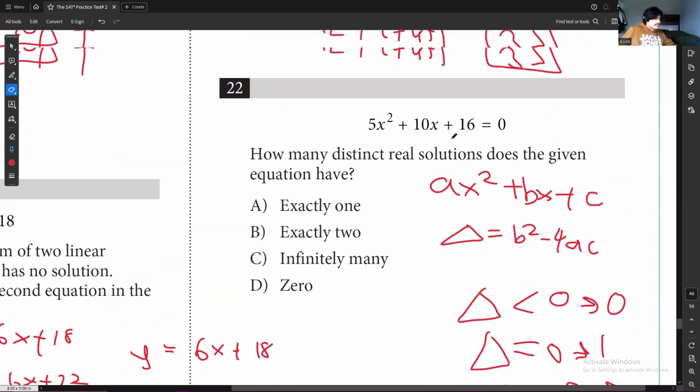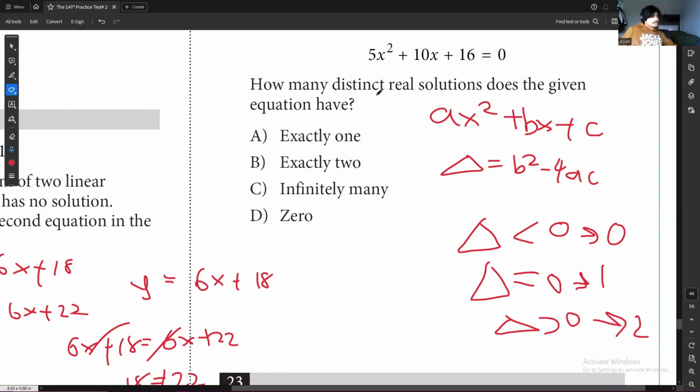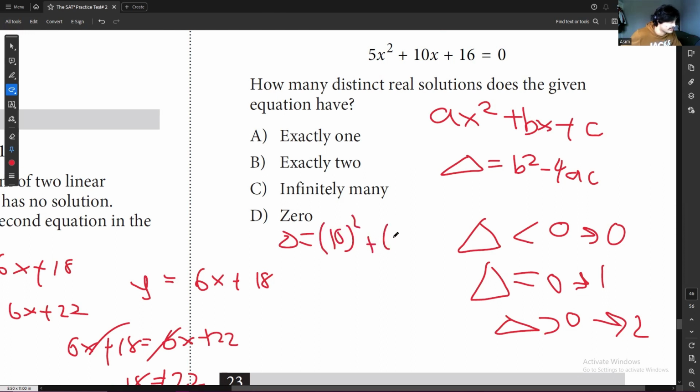So now let's find delta and determine how many solutions there are for this given equation. Delta equals 10 squared plus -4 times 5 times 16.